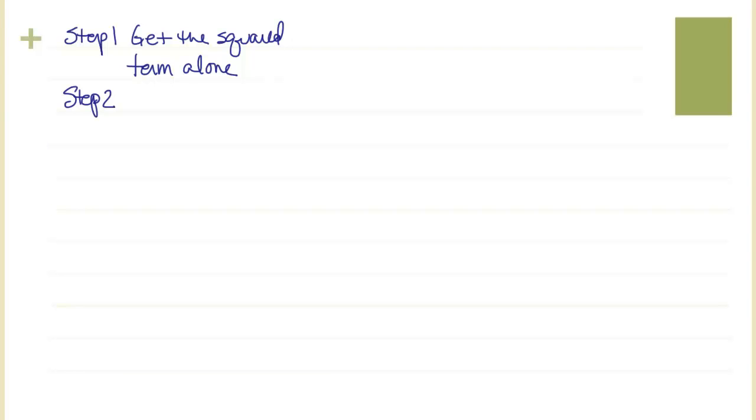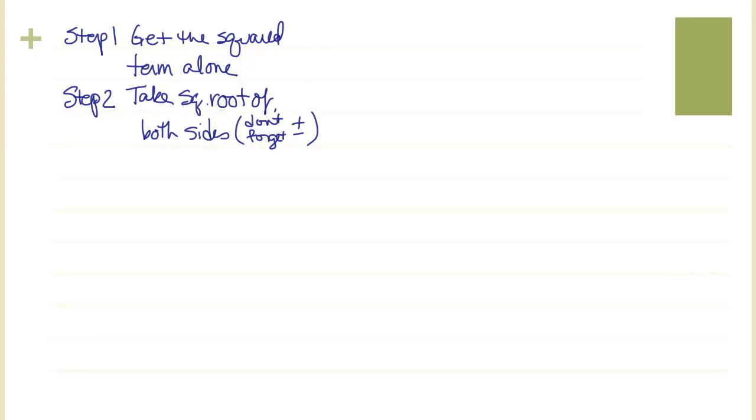Step 2, take the square root of both sides. When I say both sides, I mean both sides of the equal sign. Take the square root of both sides, and don't forget the plus and minus. We have both a positive square root and a negative square root.